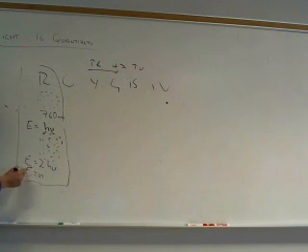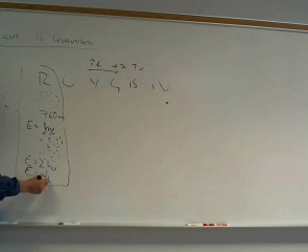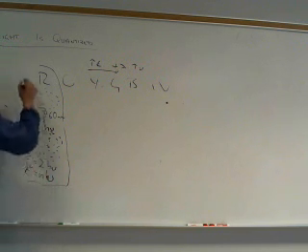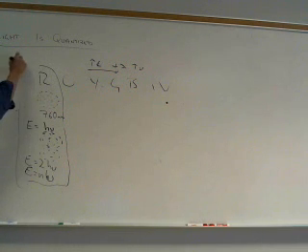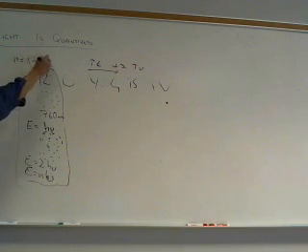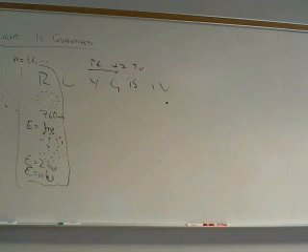And so what we say is that E is equal to n times h nu, where n is equal to 1, 2, ... an integer value. These would be allowed, but what would be forbidden would be, let's say, 1.5.